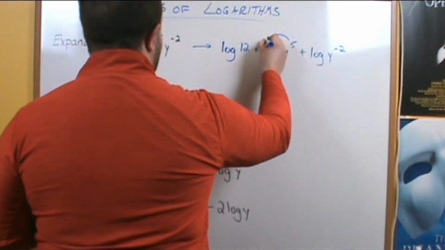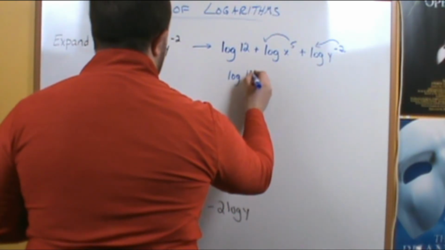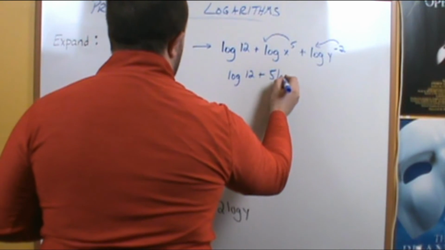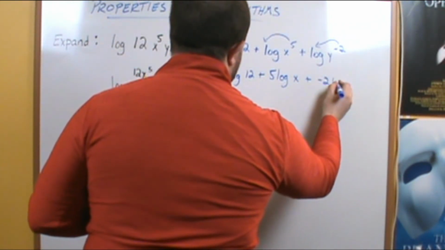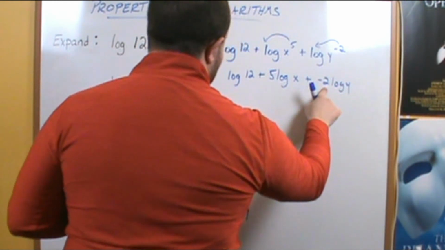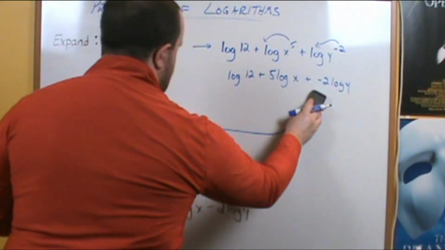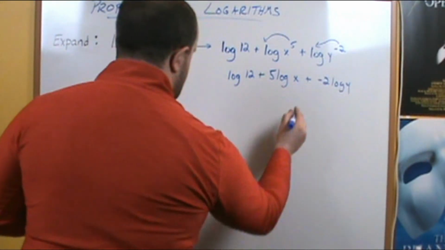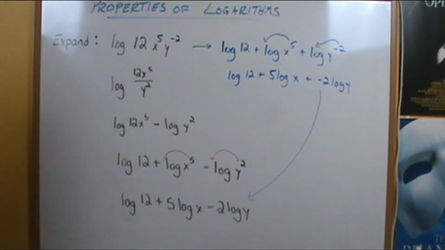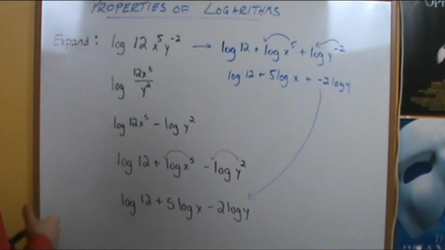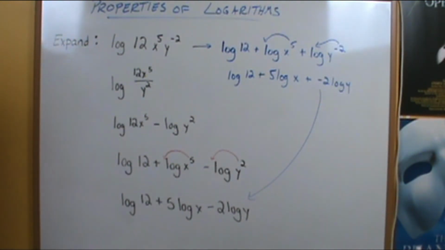And then when you brought the powers out, you would get log of 12 plus 5 log of x plus negative 2 times log of y, which would get you right to the end result there. Okay? But personally, I like keeping my exponents positive. It makes things a little bit easier to work with.